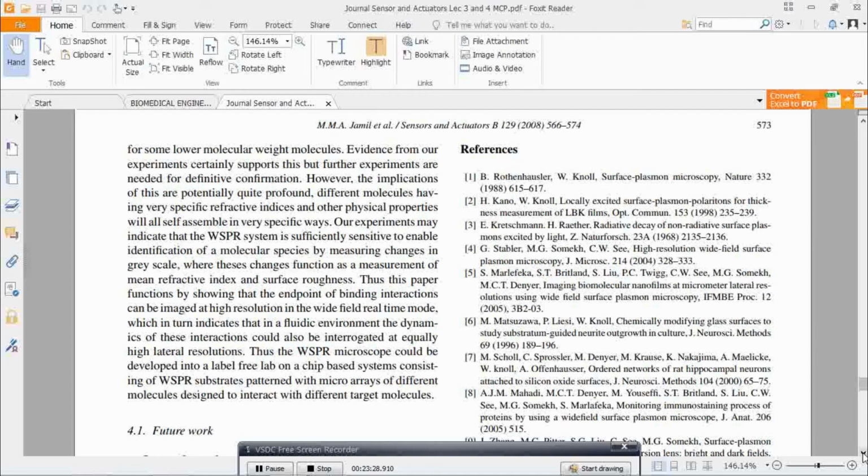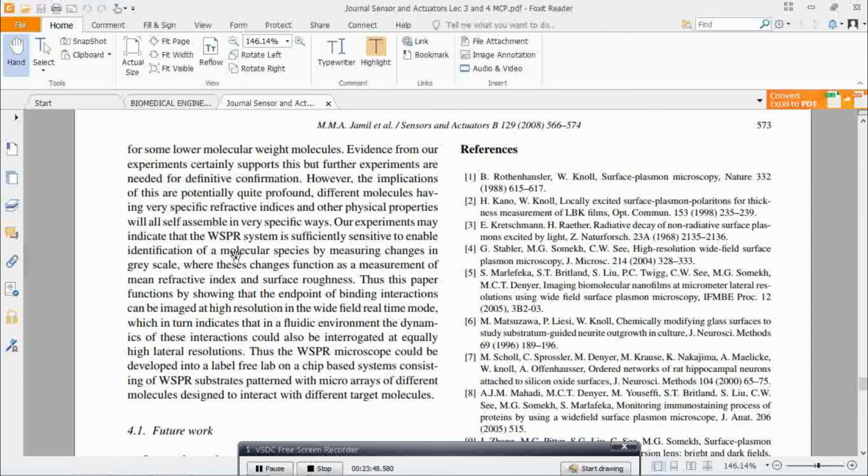And from this study, it shows that the surface plasmon system is sensitive enough to pick up signals in less than half a micron. So from the measurement, the resolution can be pushed down to half a micron.